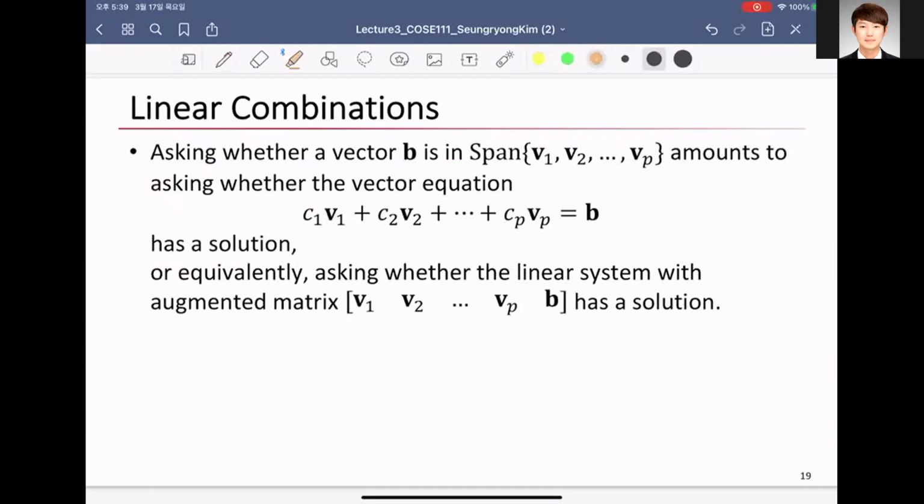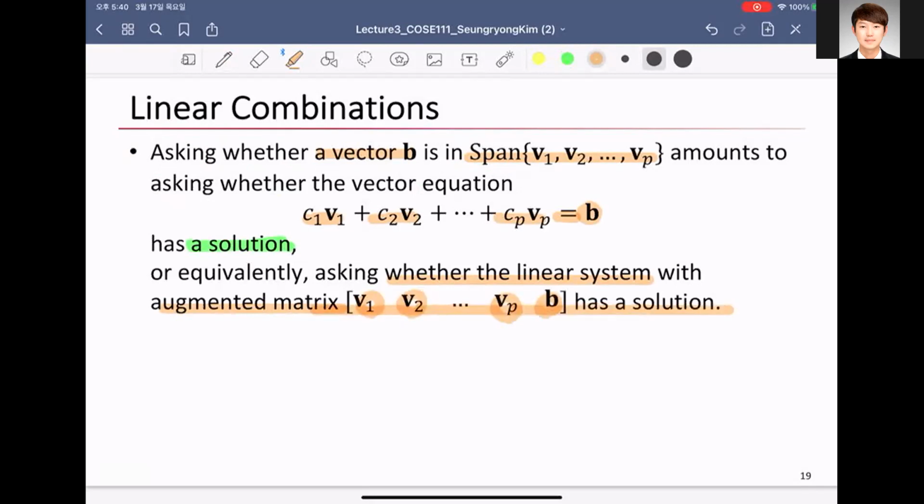Asking whether a vector b is in span v1, v2, and vp amounts to asking whether vector equation c1 v1 plus c2 v2 plus cp vp is equal to b has a solution, which is equivalent to asking whether the linear system with augmented matrix v1, v2, vp, b has a solution.